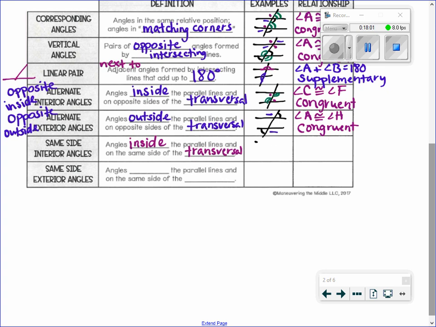So what that'll look like is if we have an angle here, it's on the inside, but it's the same side of the transversal, so it's going to have a relationship with this angle right here, but they're going to be different colors. So what I did was I made one mark and two marks to represent their different sizes.